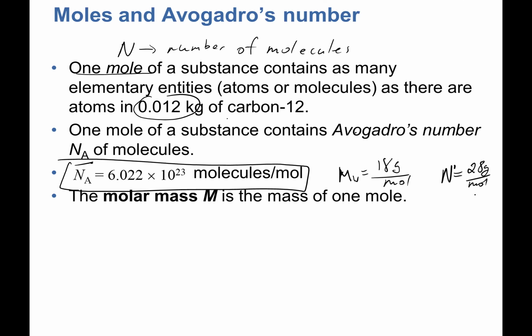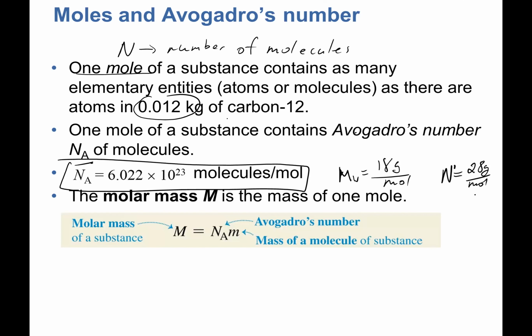All right, so let's look at our equation here. So what is molar mass? How can we calculate it for some particular element? You can see molar mass is equal to the mass of a substance that we're given multiplied by Avogadro's number.